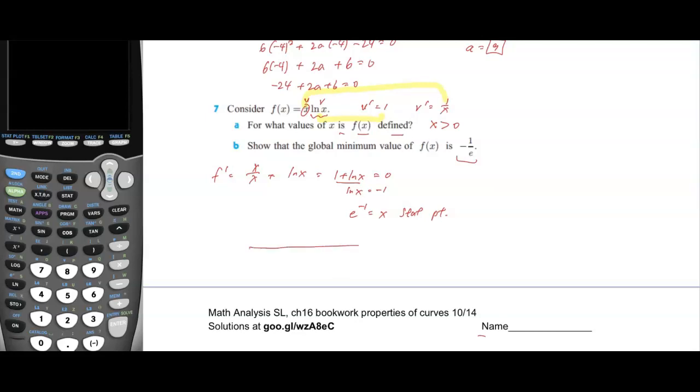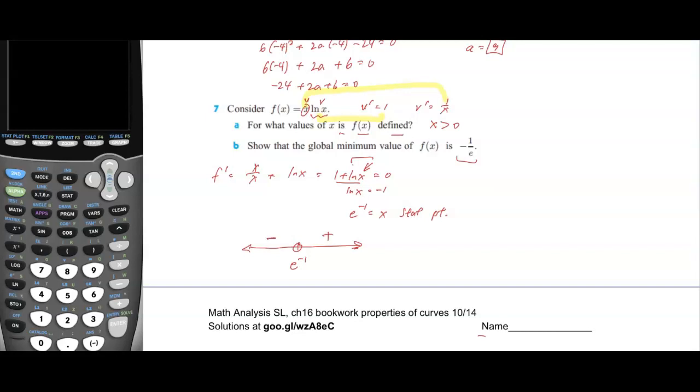How do we show that this would be a minimum or a maximum? So let's mark e to the -1 on a sign diagram. And if we put a very big positive number here, of course this would be a big positive number. If we put a very small number in here, less than e to the -1, for example, then natural log of x would be a negative number that is even more negative than -1, which would make this whole thing negative.